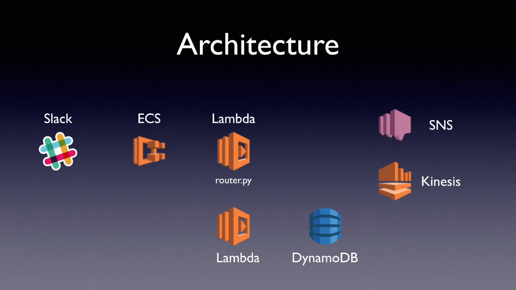The way it works is the user types a word. We send that to our container, our ECS container, which is just running a little tiny piece of code that marshals the data from Slack to Lambda because there's no way to get it there directly. It sends the data out to Lambda, which sends it to router.py, which I'll show you in a moment. And what that does is it'll call out other Lambda functions.